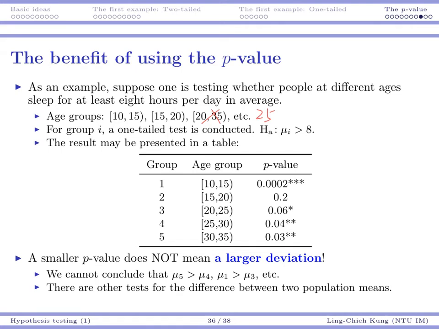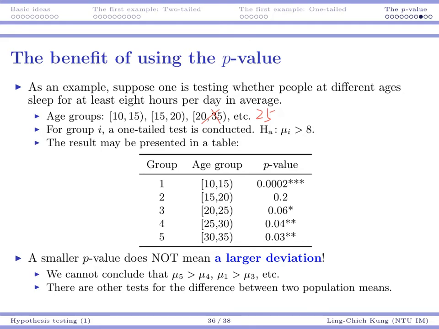For each group, I have a lot of people, and then I collect a lot of sample data. For group i, I am testing whether mu_i is greater than 8. And then I may summarize all my results in one single table.